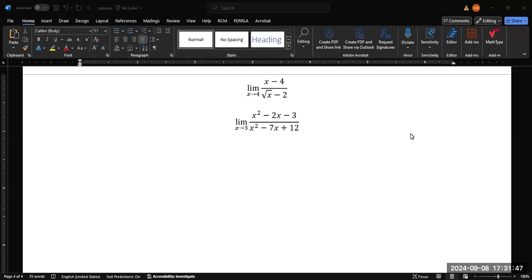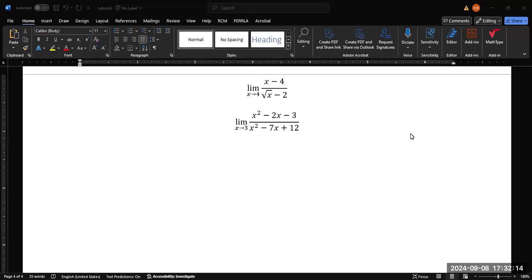Now, for both of these, we're going to be evaluating them at a position where the function is going to be undefined. And we're going to see that division by 0 error when we actually evaluate the limit. Right now, we're just setting up the x values that we want to plug in. The value that we're going to use to evaluate is going to be based on our C value.